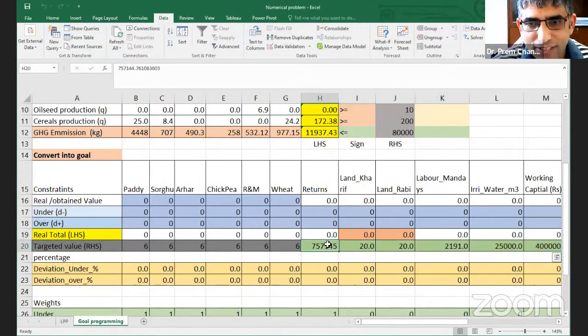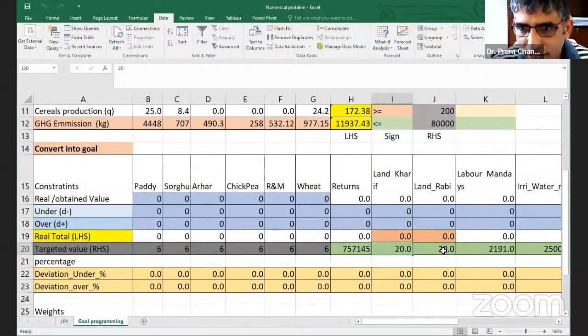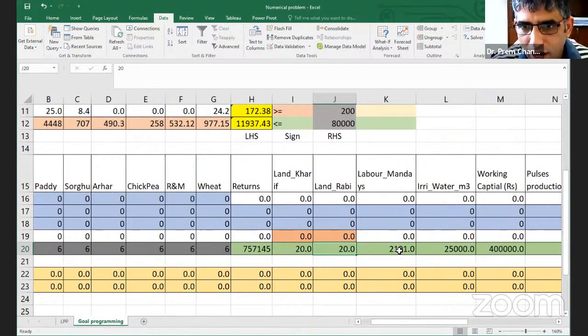So I want that my return should not go below this level. I don't have the option to add labor neither in Kharif nor in Rabi. I have this much labor availability. I can go above, but want to be near this one.